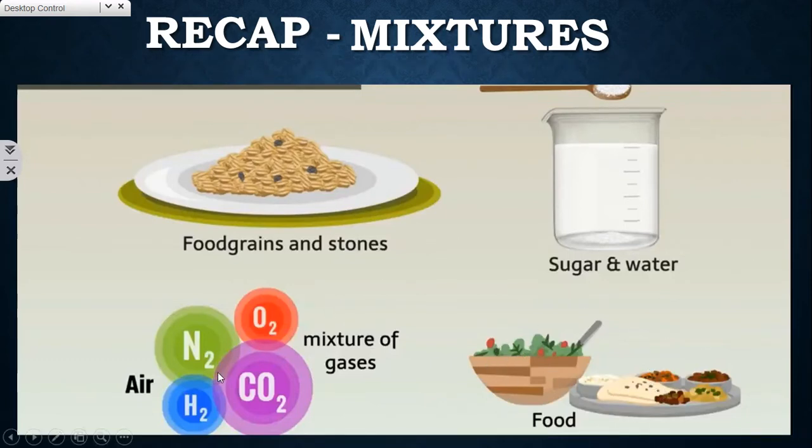Whereas here in air, in order to carry out the respiration process, we require only oxygen, not other gases. Likewise, in our life also, sometimes we require the entire mixture like this food, or else we require a particular component present in a mixture, like oxygen.